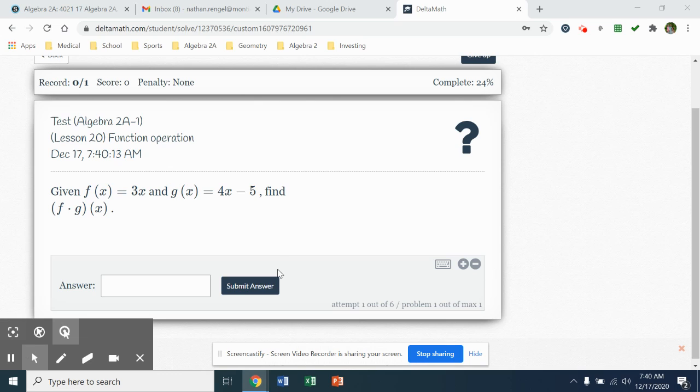That first problem is the same one that we did. So that'll be the 8/5.